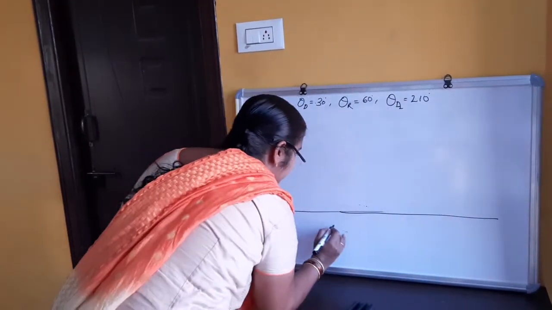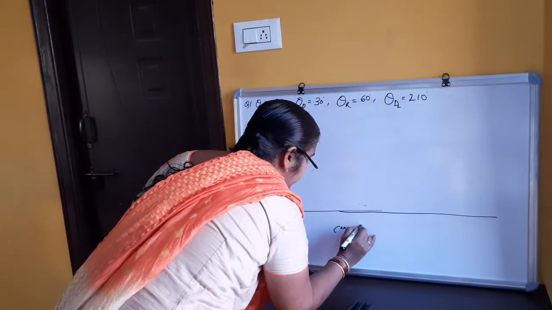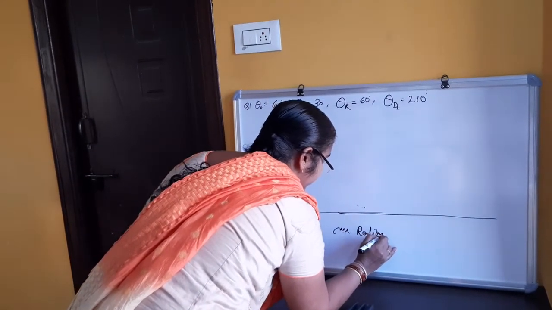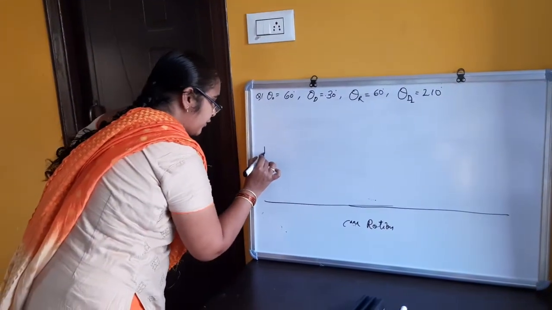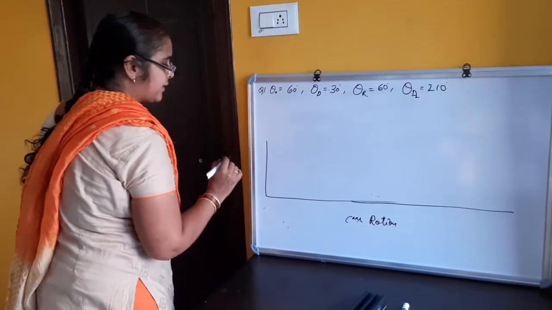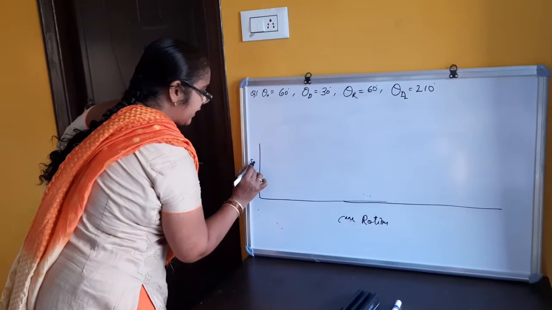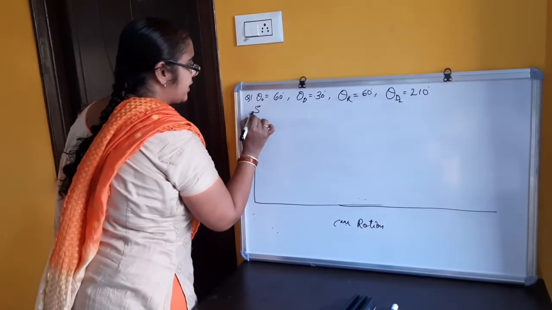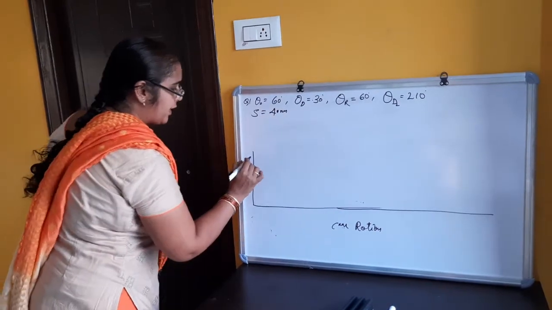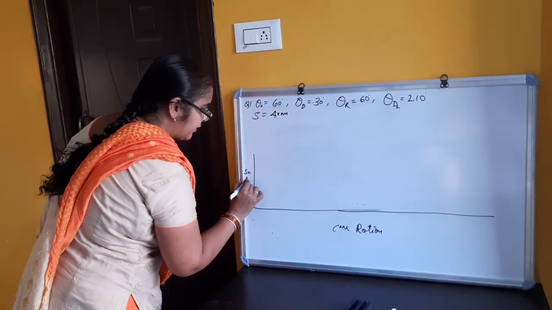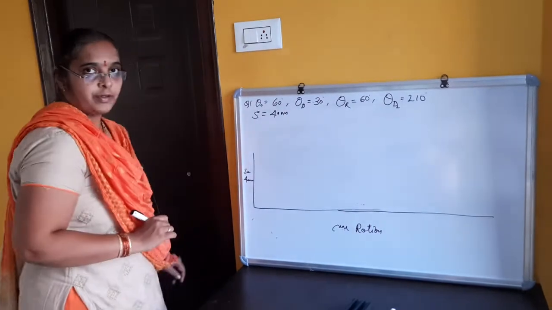This is cam rotation along the x-axis, and stroke of the follower along the y-axis. I'll indicate it with S. Stroke of the follower S is equal to 40 mm. Along the y-axis I have taken the stroke of the follower.